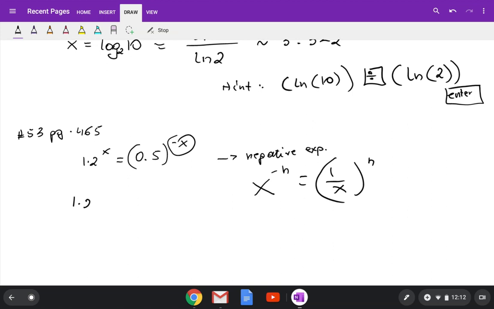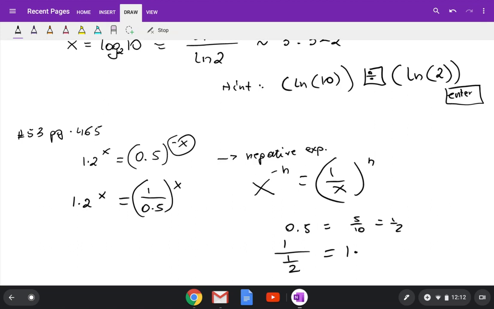So we're going to rewrite that as 1 over 0.5 to the power of x. 0.5, again, is the same as 5 over 10, which is 1/2, right? So 1 over 1/2 is the same as 1 times 2 over 1, which is just 2.